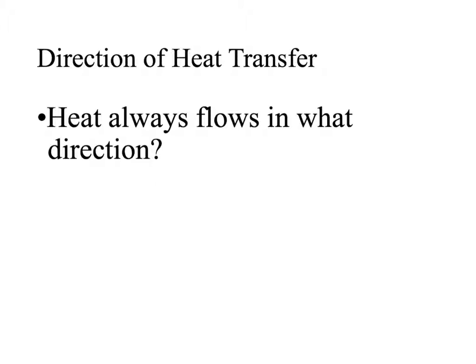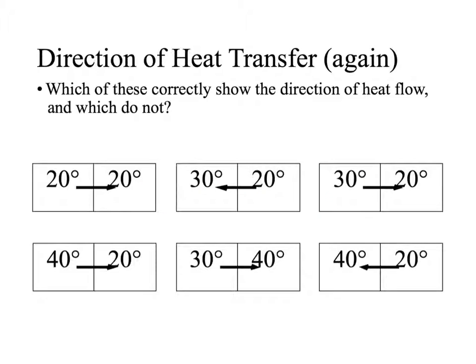Which direction does heat flow? It always flows from hot to cold. Which of these correctly show the direction of heat flow? 20 to 20, there's no heat flow there. From 20 to 30, that is not true as well.